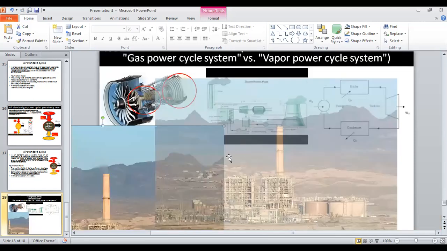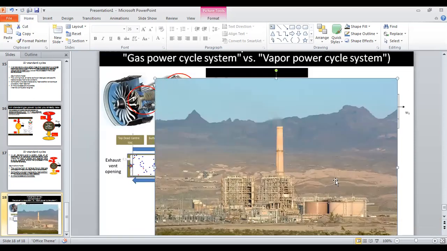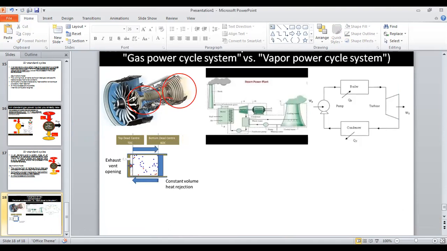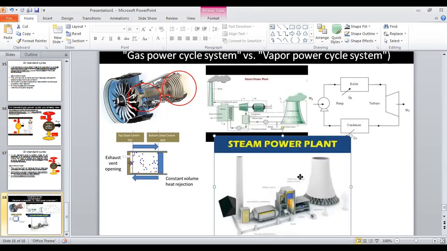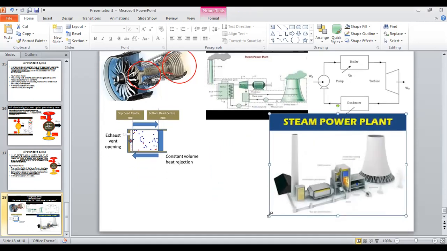Let me take another; that is not a steam power plant, it has storage. But finally you can see it like that.